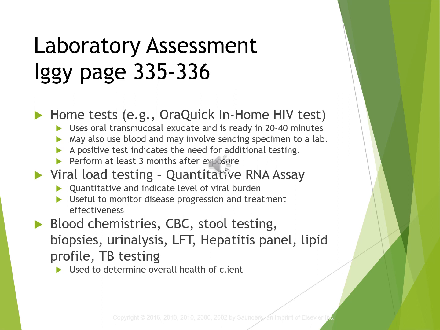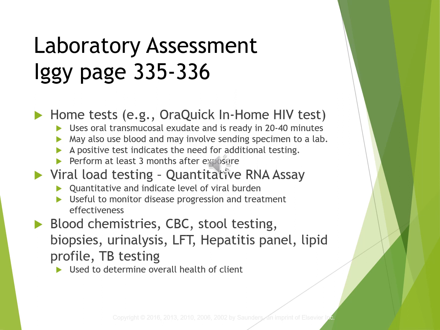Some other labs that we'll do will be things like blood chemistry, so complete metabolic panels. We'll be doing CBCs to look at those lymphocytes, because I told you they tend to be leukopenic, so I want to make sure that they're not at super high risk for infection. They may be looking at stool testing, again, looking for fungal, protozoal, bacterial type infections, or bleeding. Biopsies if they suspect any of these cancers.